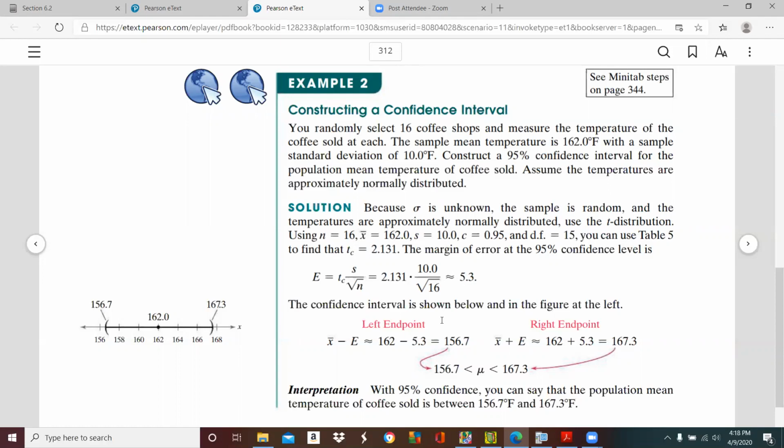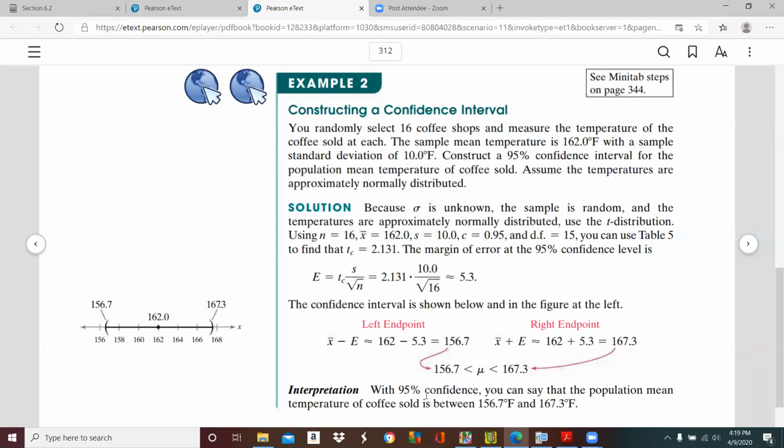Okay. And then they took the sample mean, which is 162. They subtracted 5.3 on the left, and you get 156.7. And on the right, they added the 5.3 margin of error to the mean of 162 to get 167.3. So this is the 95% confidence interval.